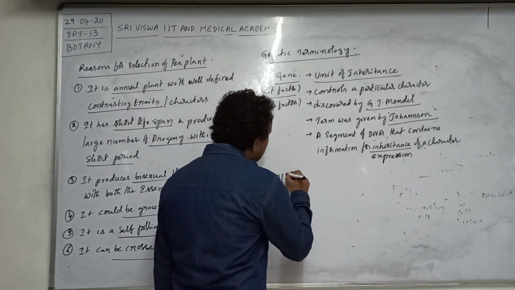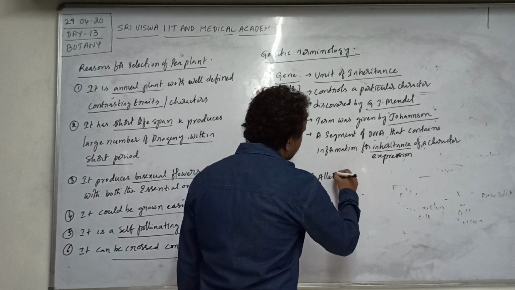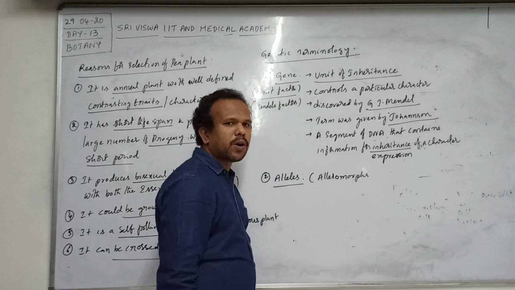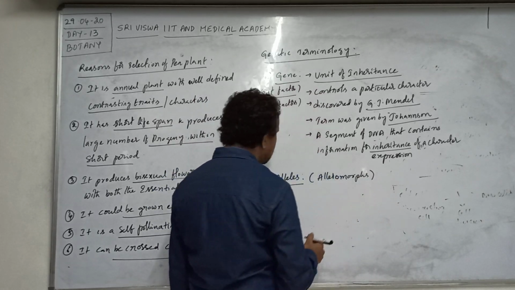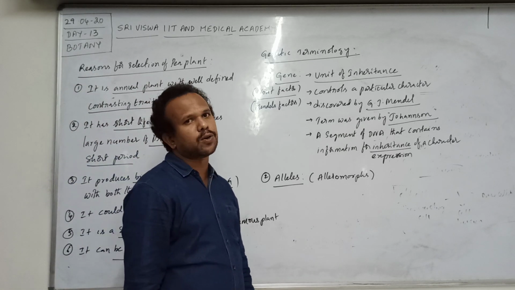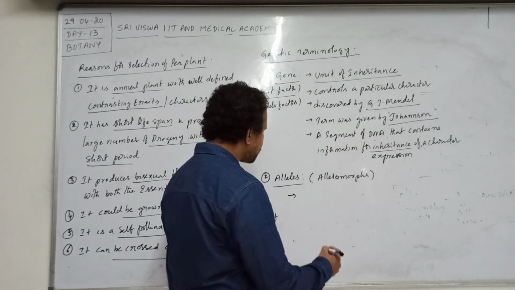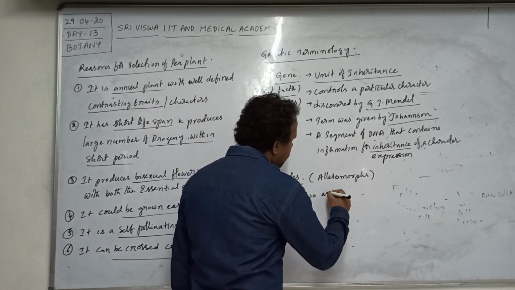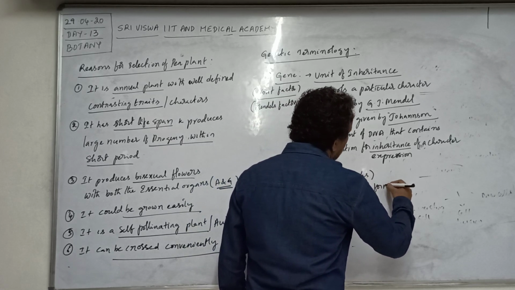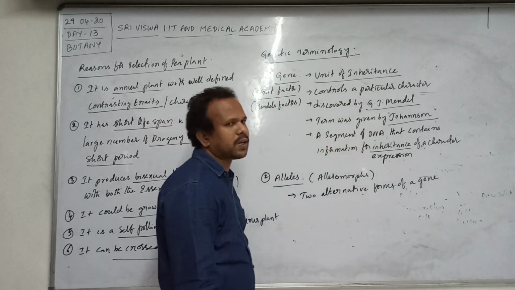Then consider the next most important one. What are alleles? Alleles are also called allelomorphs. What are alleles or allelomorphs? Generally, alleles or allelomorphs are nothing but two alternative forms of a gene. Very important.